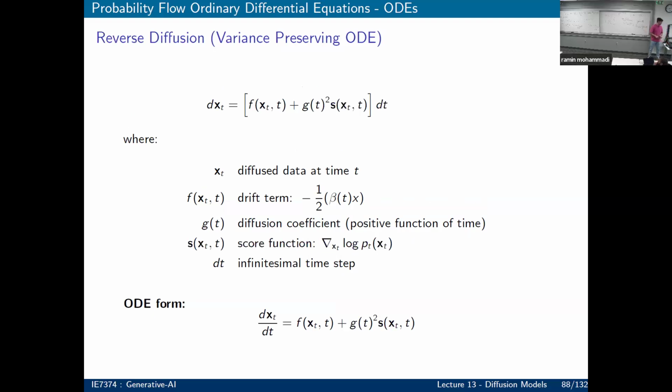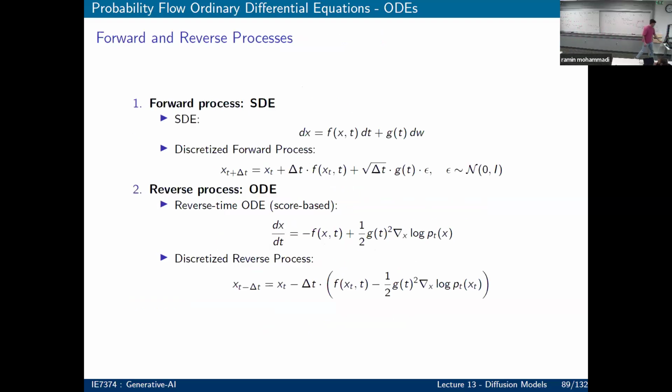Now, this is a formula for the version which was the variance preserving. So you've had this, and you get this. This is the ODE form of that. Just remove that stochasticness. Then if you look at this idea of an ODE, during the forward process, we add noise.